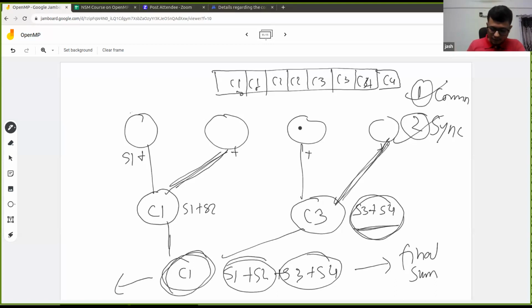But let's say your vector is dynamic, so new elements are coming into this vector. Your input is coming during runtime, so its size is not fixed, and this vector can grow dynamically.